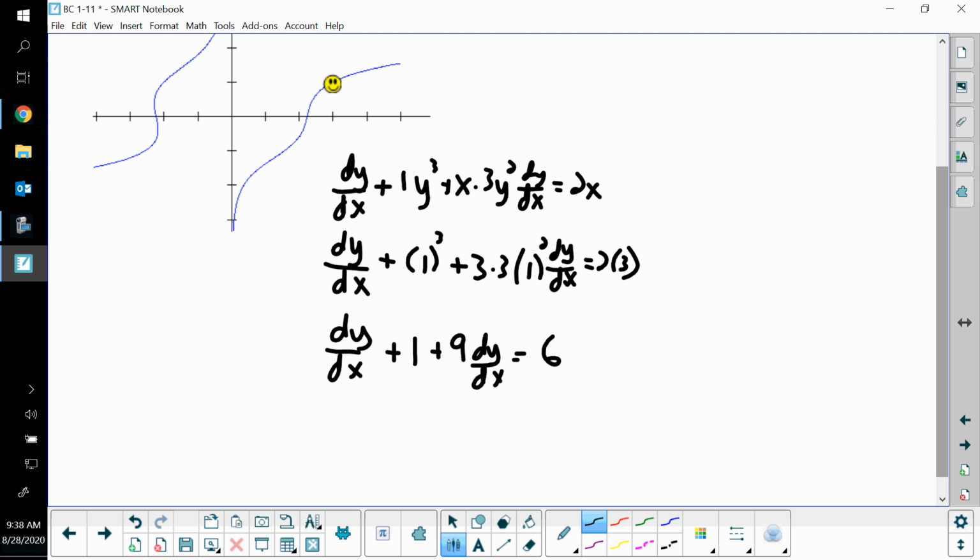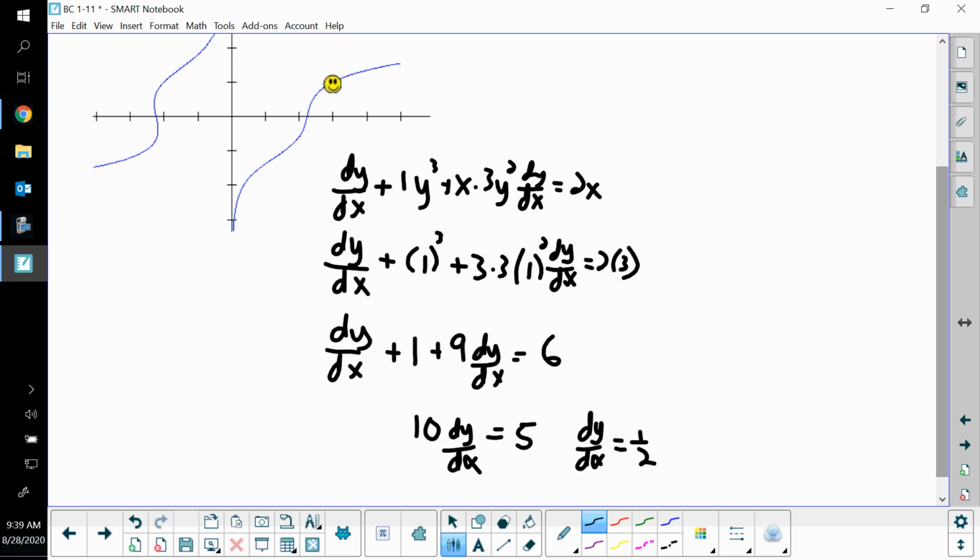We can subtract the 1 over and get 5 on this side. And that would be 1 dy over dx plus 9 dy over dx's to give us 10 dy over dx's. And then dy over dx would just equal 1/2. Now, in this case, that dy over dx is specifically representing f prime at (3, 1).